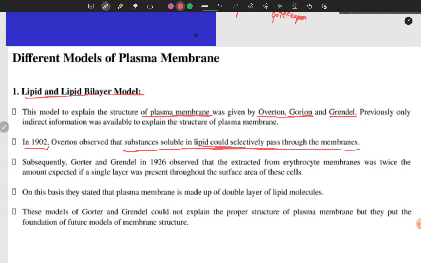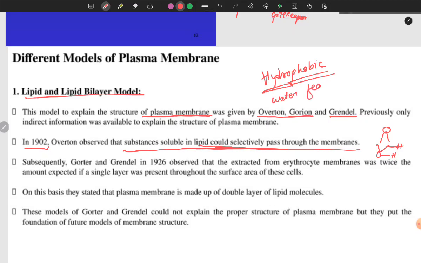Selectively pass through the membranes means, as we have seen in the phospholipid bilayer, the head is hydrophilic and the tail is hydrophobic. Hydrophobic meaning, as we all know, phobic means phobia, the fear of water. Hydro means water.